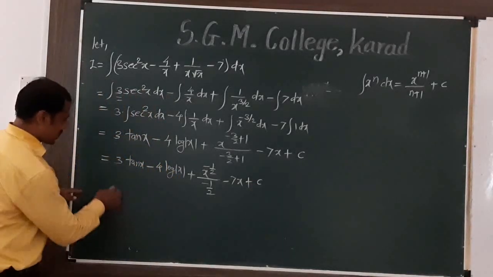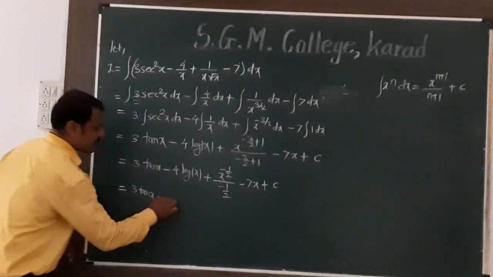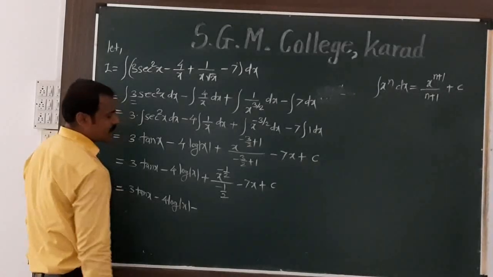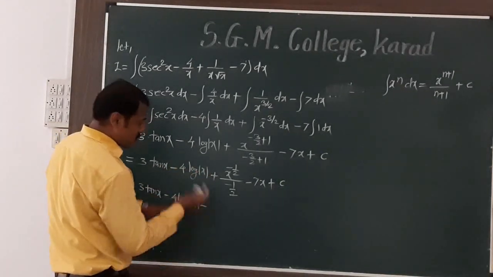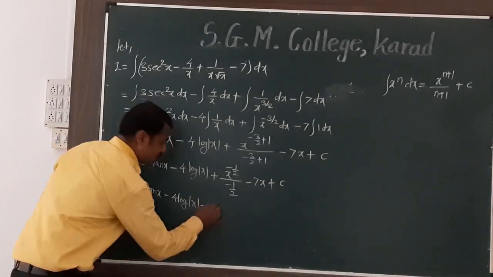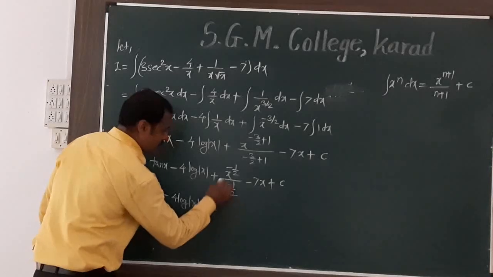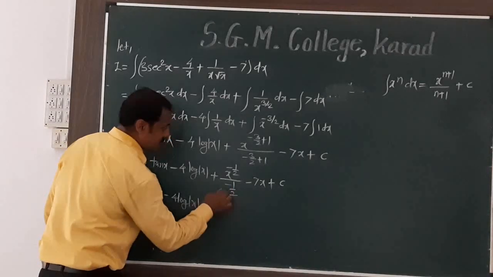After simplification, the next step is 3 into tan x minus 4 into log of mod x, plus and minus becomes minus, and division is nothing but the reverse process of multiplication. So 2 into x raised to minus half.